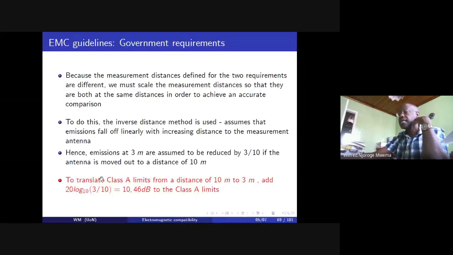So to translate Class A limits from a distance of 10 meters to 3 meters, we are going to add 10 times the logarithm of 3 by 10, and we get a value of 10.46 dB. Of course, this is negative, so we get a lower value, and then we can compare the Class A limits with the Class B limits, which are measured at 3 meters.